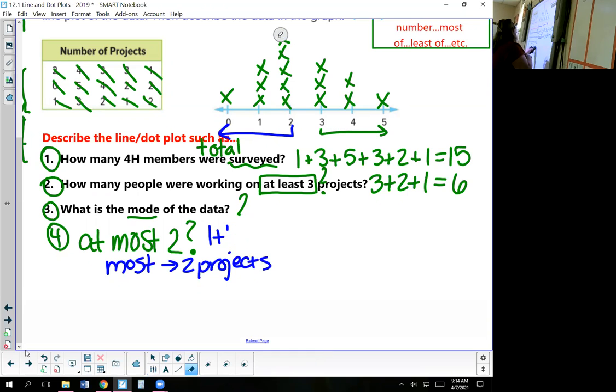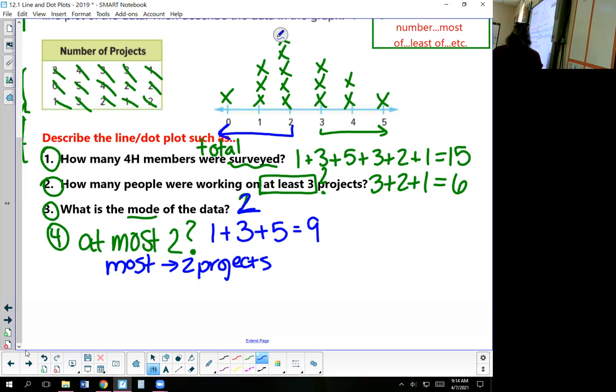Oh. I saw what he was doing. He was counting it. So it's 1 plus 3 plus 5. 1, 2, 3, no, it's 9. Sorry, 9. I saw him count though. He stopped right where he was at.